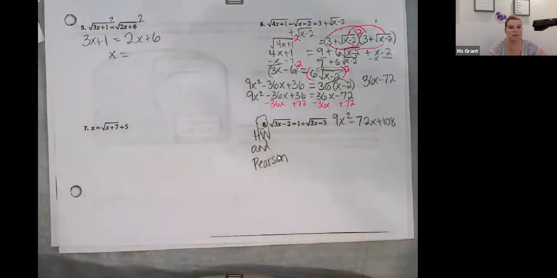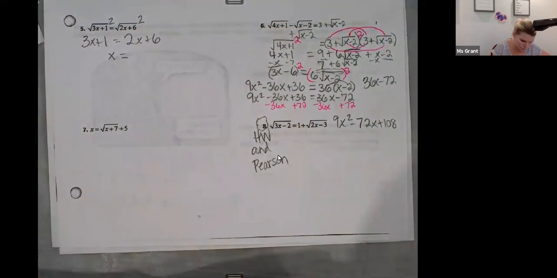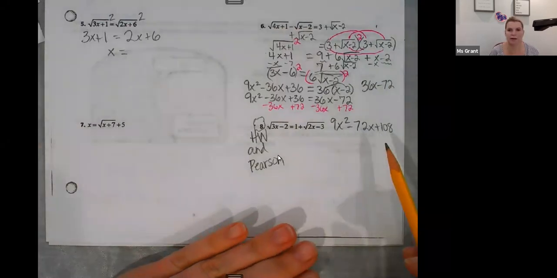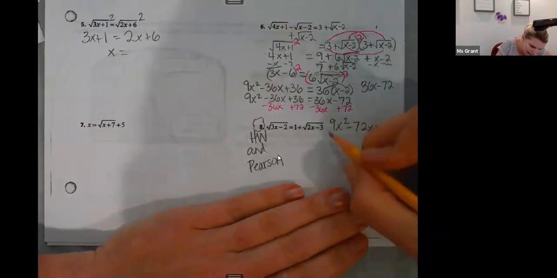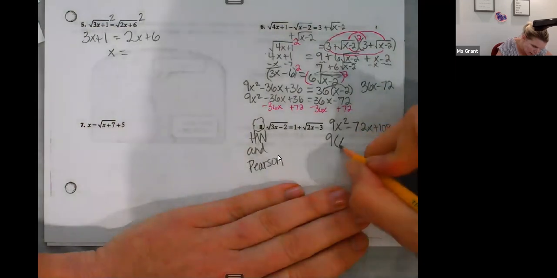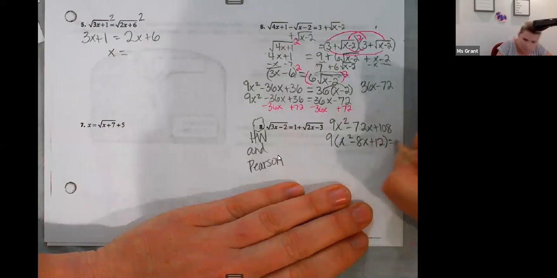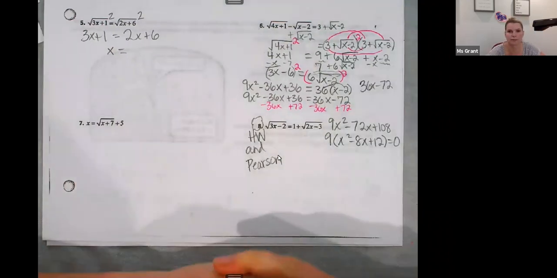This is what you're going to have to do on number 8. 9x squared minus 72x plus 108 has a GCF. It's 9. X squared minus 8x plus 12 equals 0.